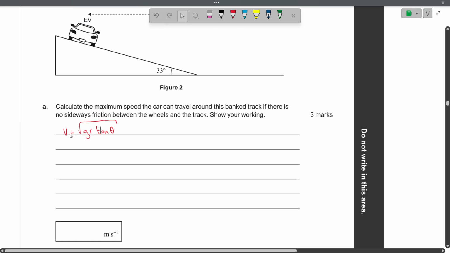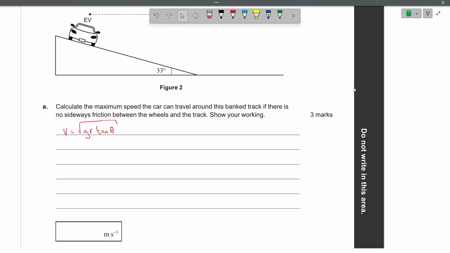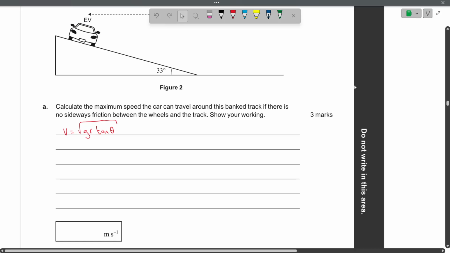V would give that maximum speed that is attainable without relying on friction, sideways friction between your tires and the road. Okay. According to the examiner's report, this equation and inputting the correct values in was satisfactory to answer this question.